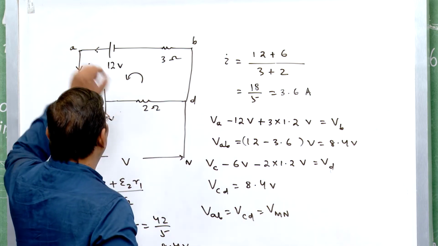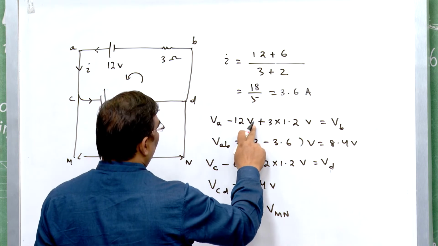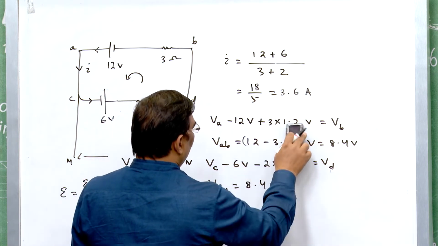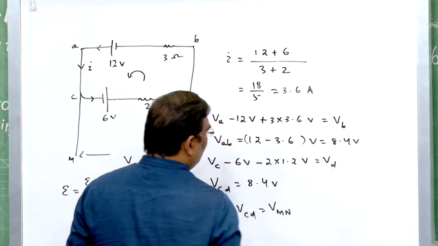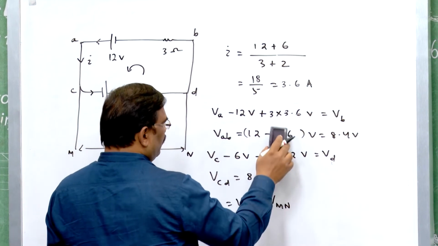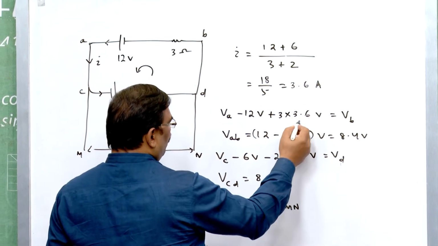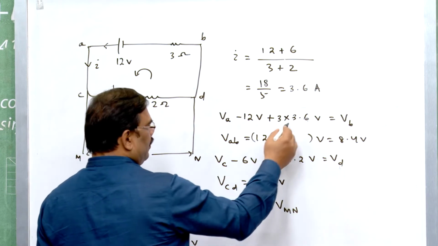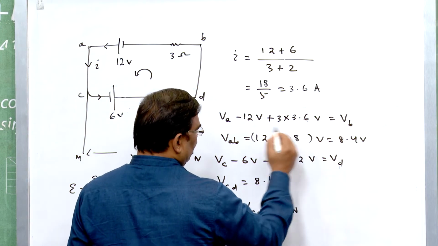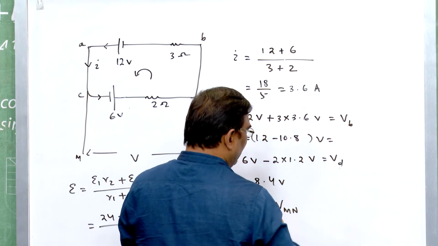Now, my VA minus 12 volt plus 3 into 3.6 equals VB. So, VAB will be 12 minus 10.8. This is simply 1.2 volt.